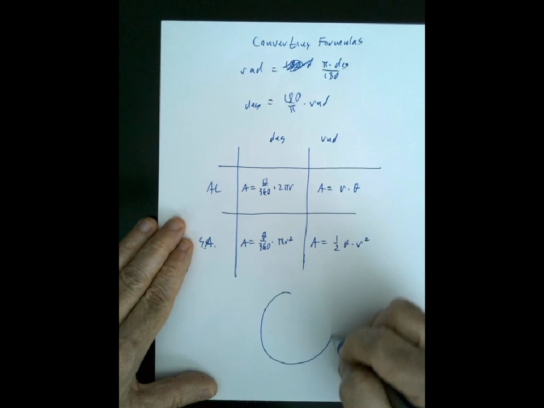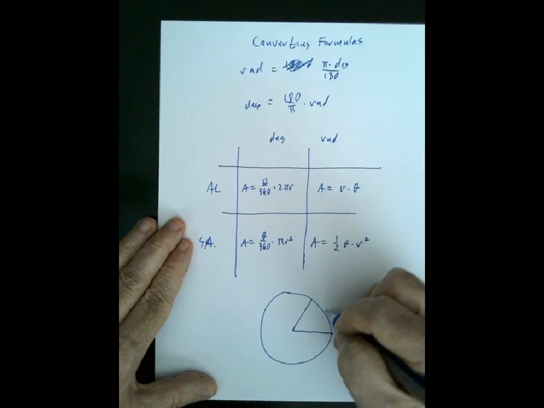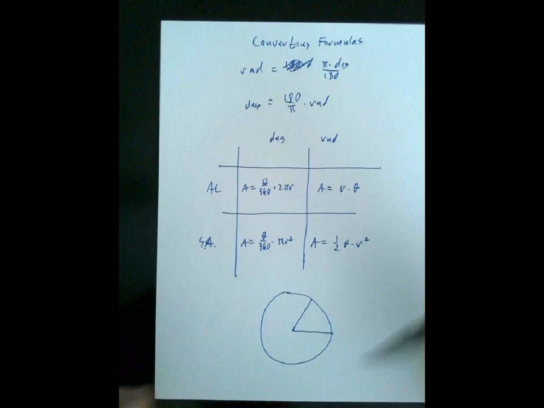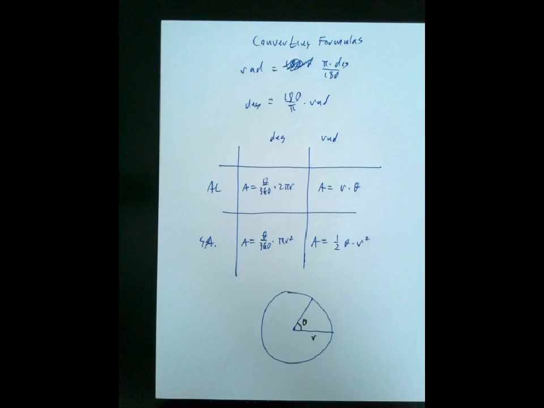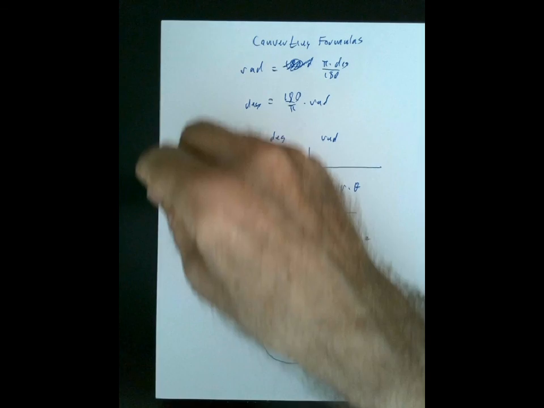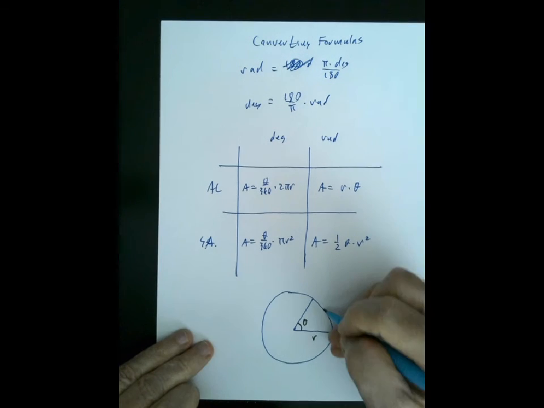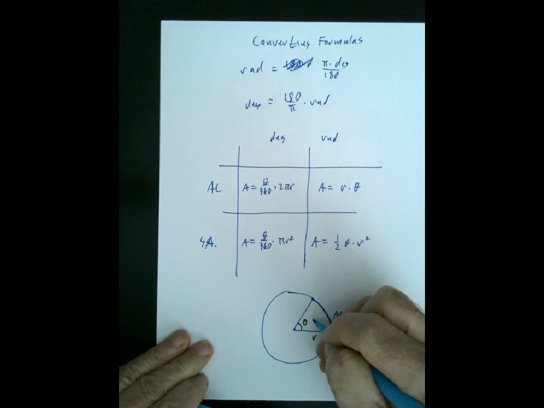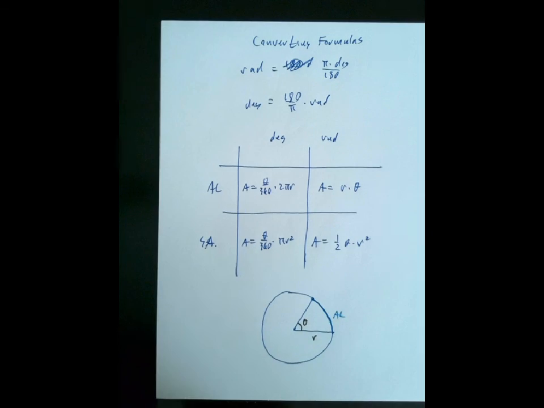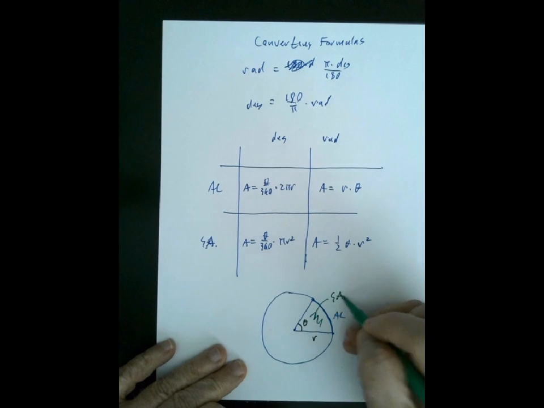And remember this on our picture here: if we've got theta and r, then out here is the arc length, and inside here is the sector area.